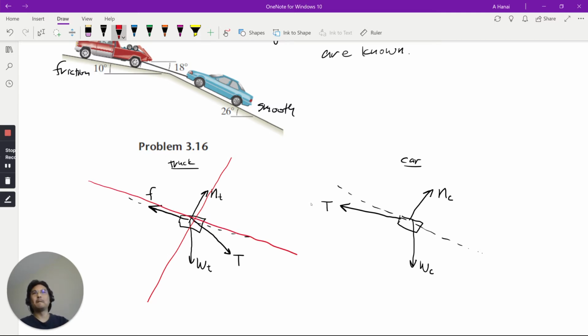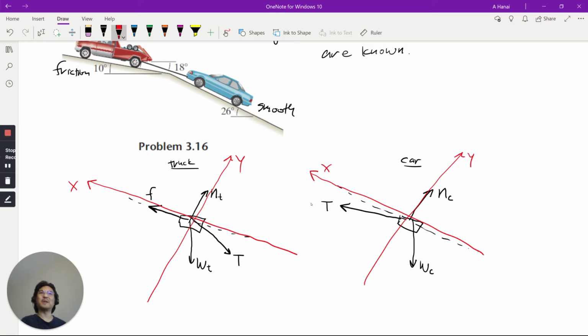So my strategy here is the normal force lines up with the y-axis, the friction lines up with the x-axis. So that's pretty good. Not a lot of good choices here, right? Because nothing I choose will ever have two forces lining up. So I'm just going to go with the same strategy I did with the truck.